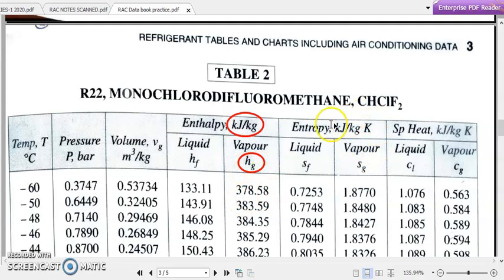The next column is entropy, in kilojoules per kilogram Kelvin, with separate values for liquid and vapor state, Sf and Sg. The last column is the specific heat, in kilojoules per kilogram Kelvin, again separately for liquid Cl and vapor Cg.